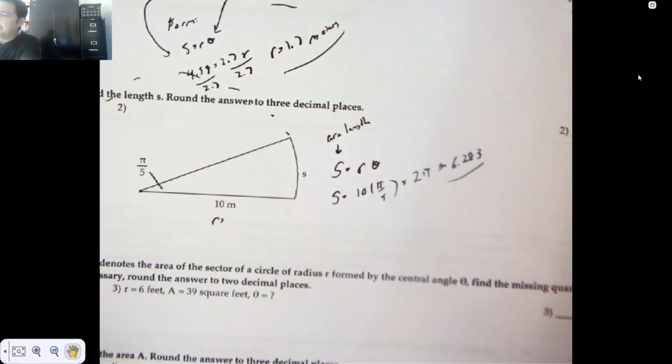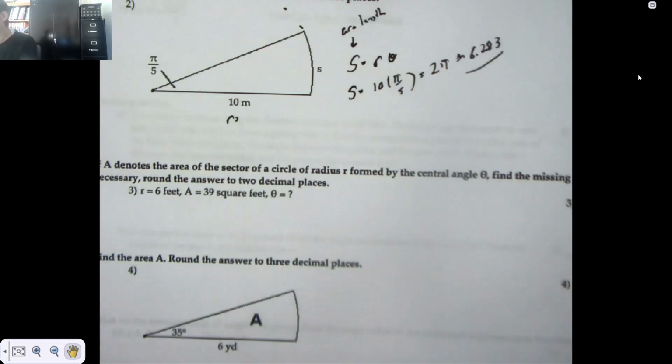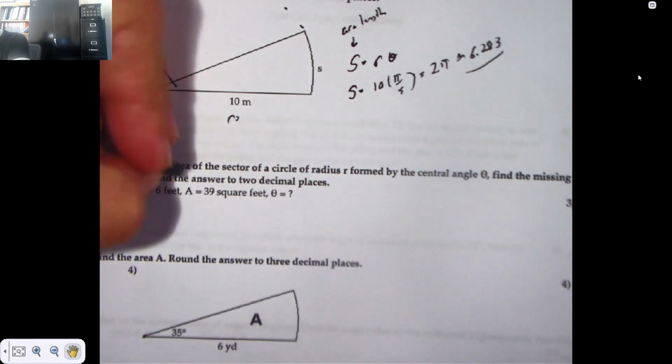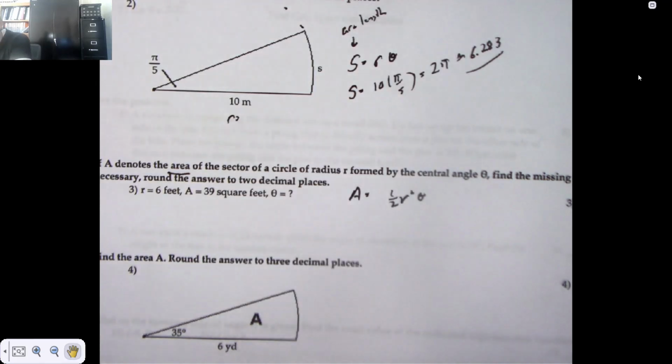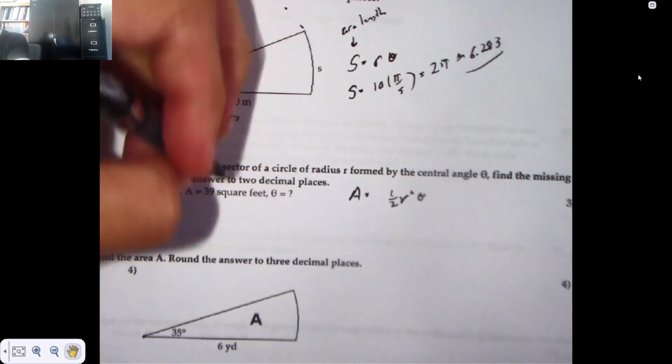All right, number 3. If A denotes the area of the sector of a circle of radius r formed by the central angle theta, find the missing quantity. Area is 1/2 r squared theta. I'm just going to plug some numbers in and be done with it. The area is known to be 39.